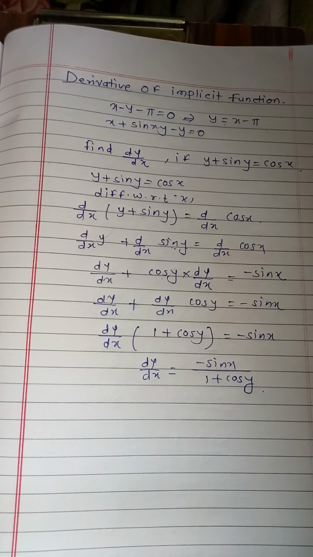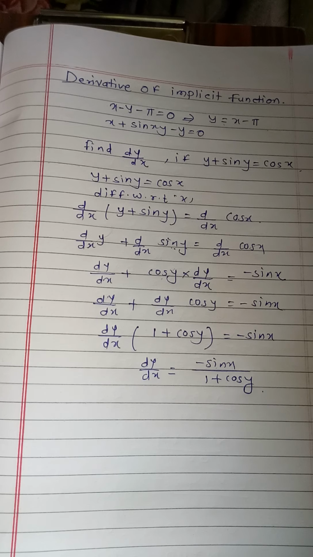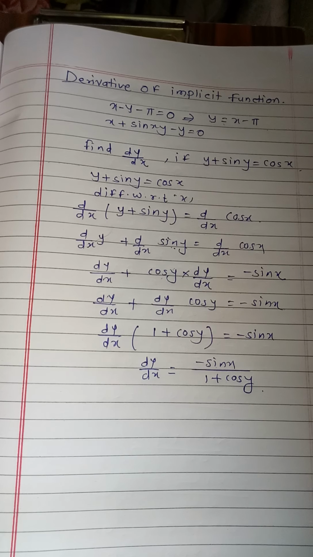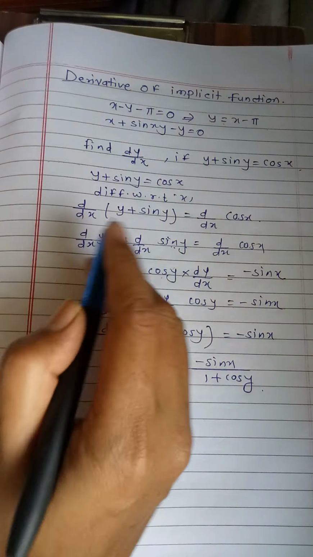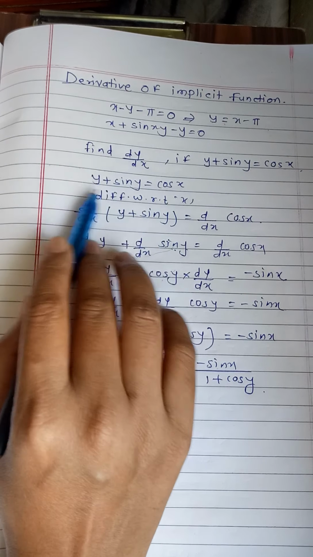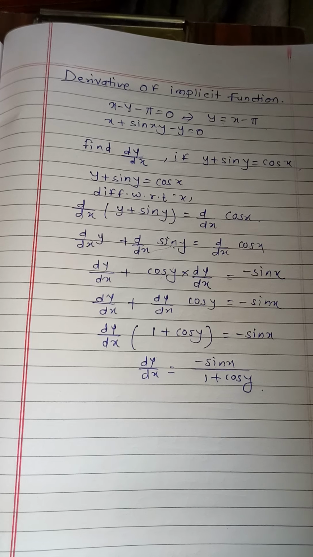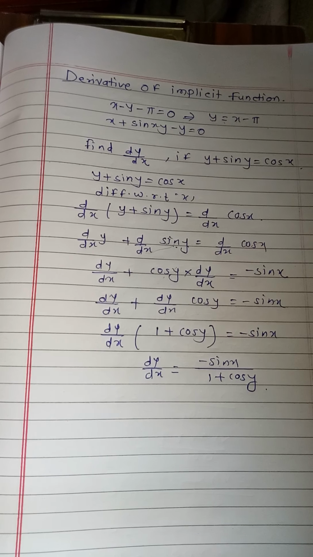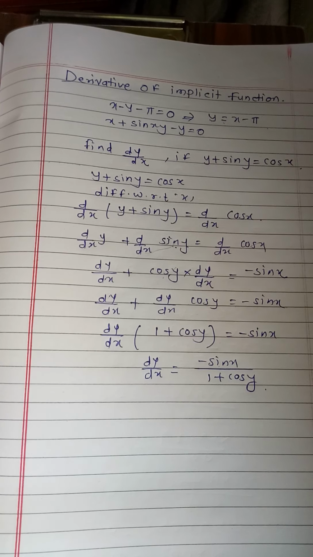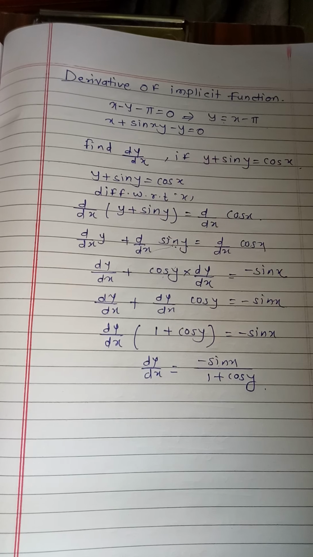In this way we find the derivative of y with respect to x. This form of equation is a mixed type, where variable y is also present in the derivative. So this is an implicit function.